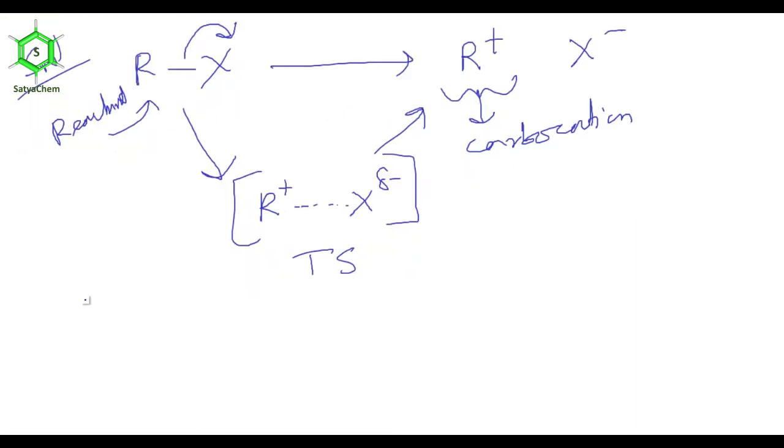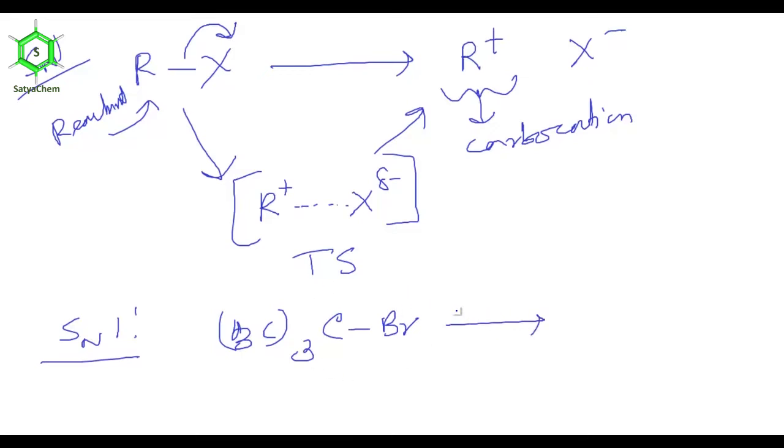Just try to consider this example: Sn1 reaction of tertiary butyl bromide. If we do the Sn1 reaction in 50% aqueous ethanol, aqueous ethanol means water is present, and water is more polar than ethanol.